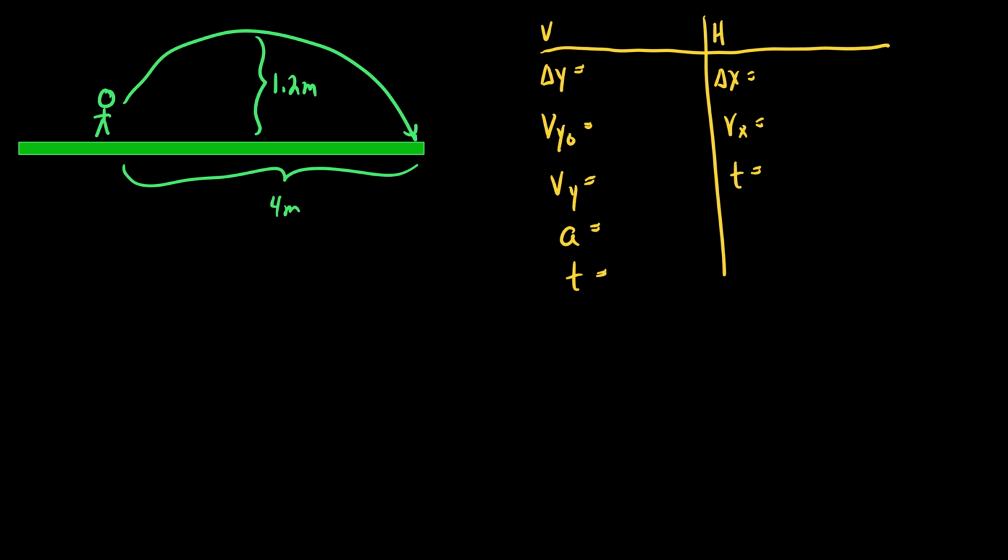The basketball player lands 4 meters away from where they start. But we don't know their horizontal velocity, and we don't know how long they're in the air. So that's about it for the horizontal part.